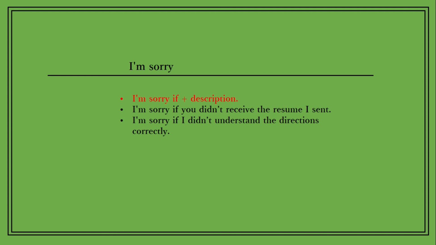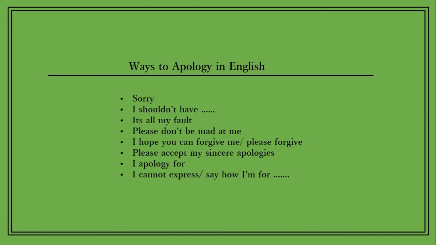There are many ways to apologize in English. For example, we can say sorry, I shouldn't have, it's all my fault, please don't be mad at me, I hope you can forgive me, please forgive me, please accept my sincere apologies, I apologize, I cannot say how sorry I am.